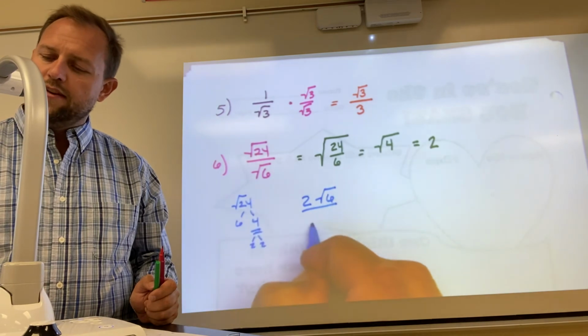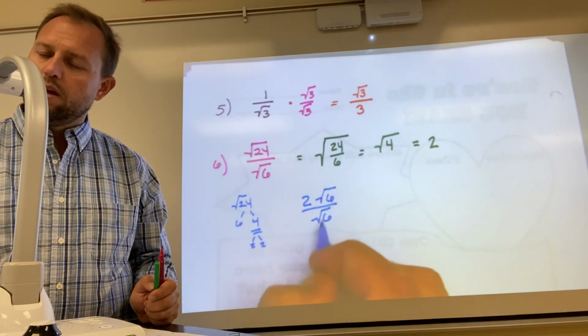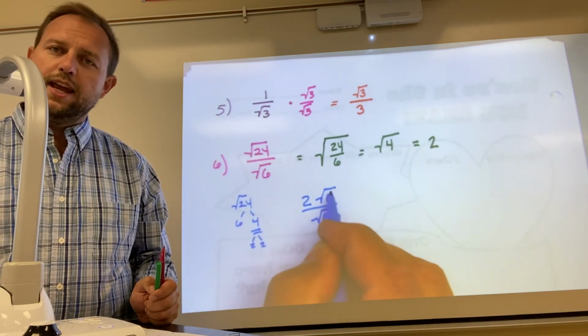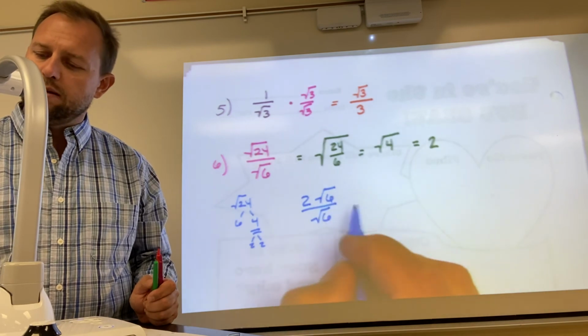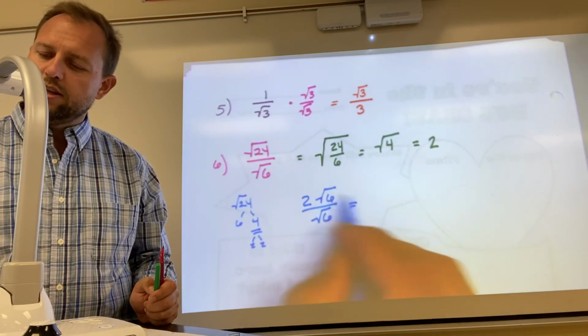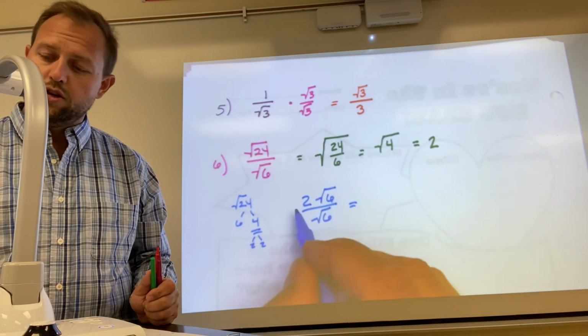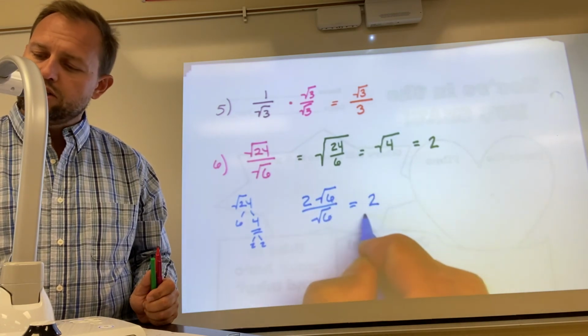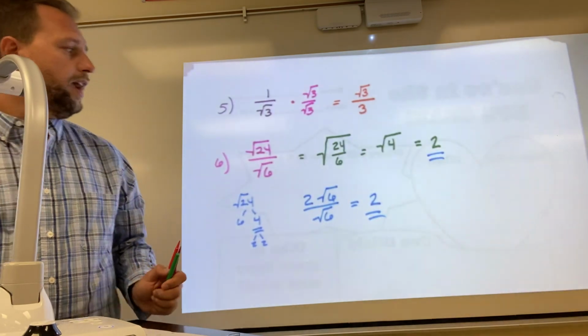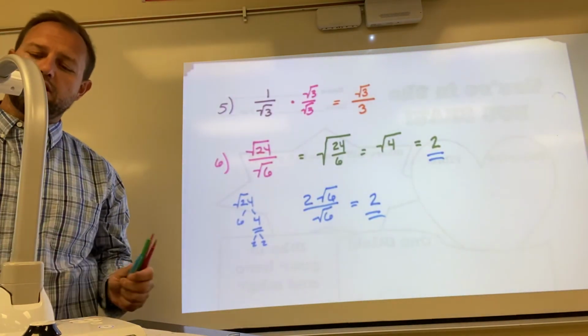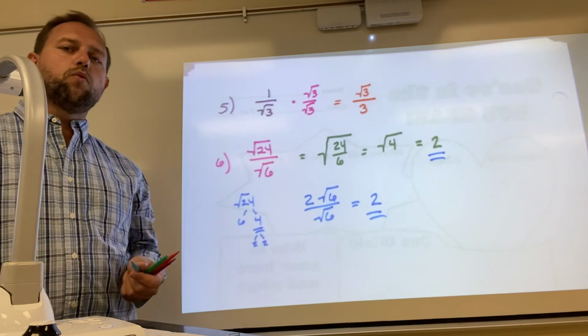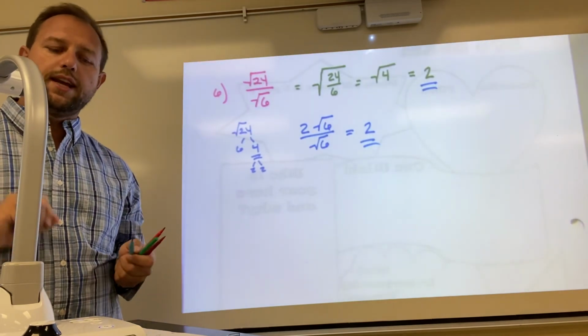And we still have the root 6 on the bottom. Well, when we have the same piece on top and bottom of a fraction, they cancel each other out. So root 6 divided by root 6 is 1. 2 times 1 is 2. So either way, we get the same answer regardless of which direction we decide to take the problem.